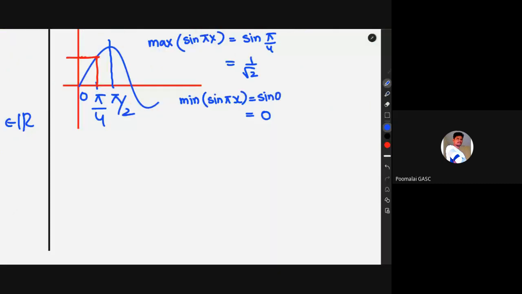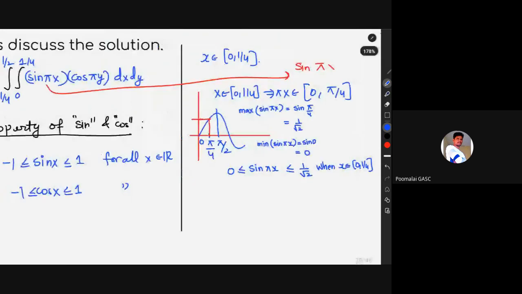So what can I say? I can say that sine pi x is lower bounded by 0 and upper bounded by 1 over square root of 2 when x varies from 0 to 1 by 4. Okay, is this fine?